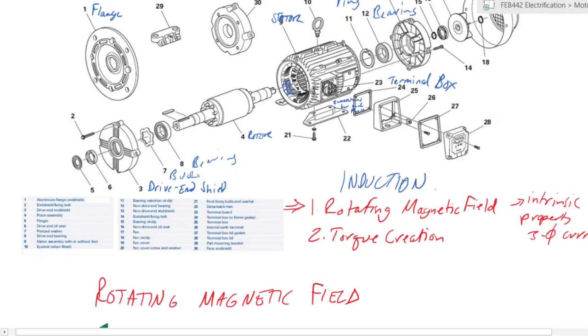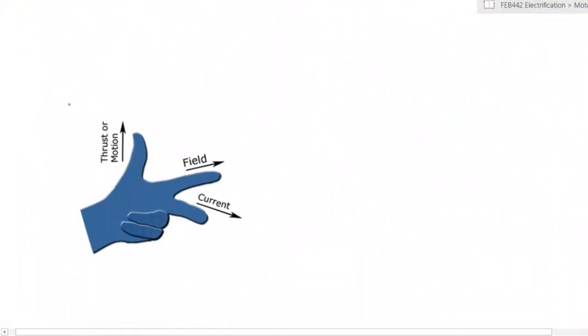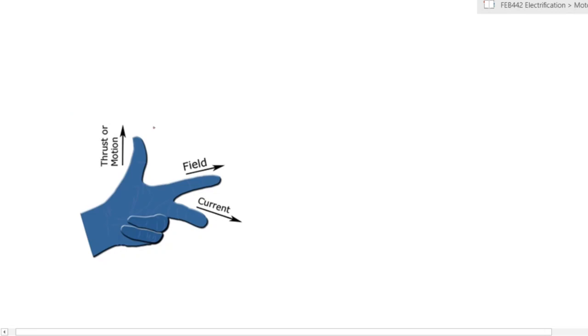Now, we go back to a bit of physics. Okay, how do you create force when you have a magnetic field, right? So we say that in the case of a rotating magnetic field, or in the case of any current carrying conductor that is found within a magnetic field, right, you will have a certain reaction governed by Lenz's law that will create a thrust of motion.